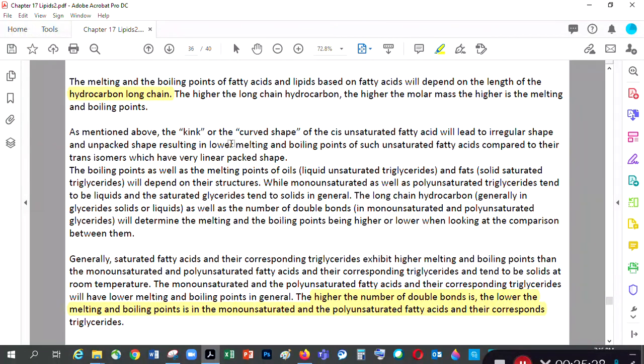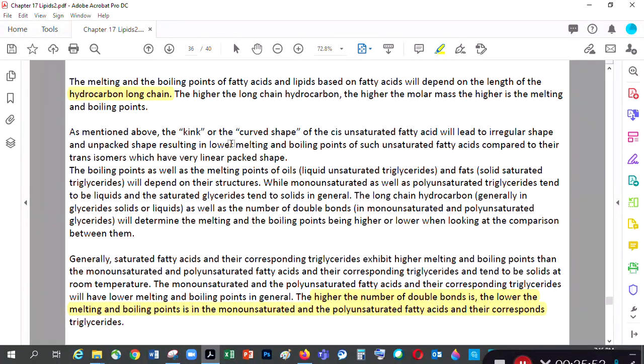The saturated fatty acids in general will show a higher boiling point and melting point. So they are most of the time what? Solid. But the unsaturated, mono or poly, tend to be liquid in general. They tend to be liquid and they have a lower boiling point and melting point.